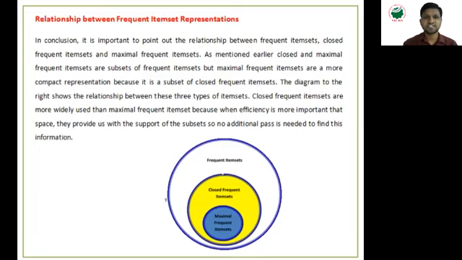They provide us with the support of the subsets, so no additional pass is needed to find this information. Based on your requirement and your prediction, for example which product is going to improve within a few days, that item you are going to identify to improve your business.